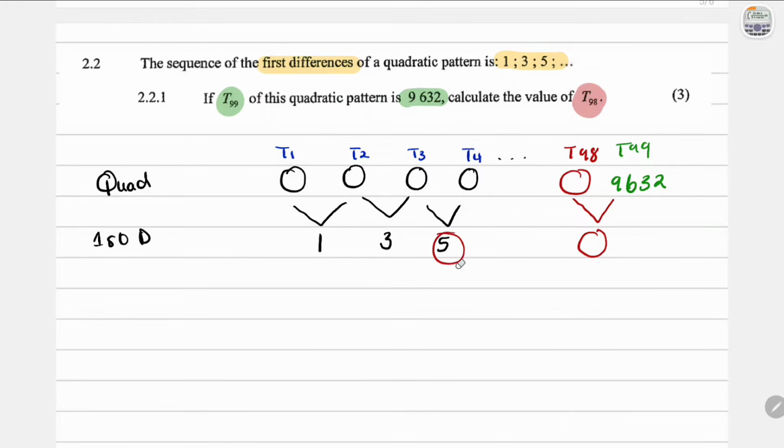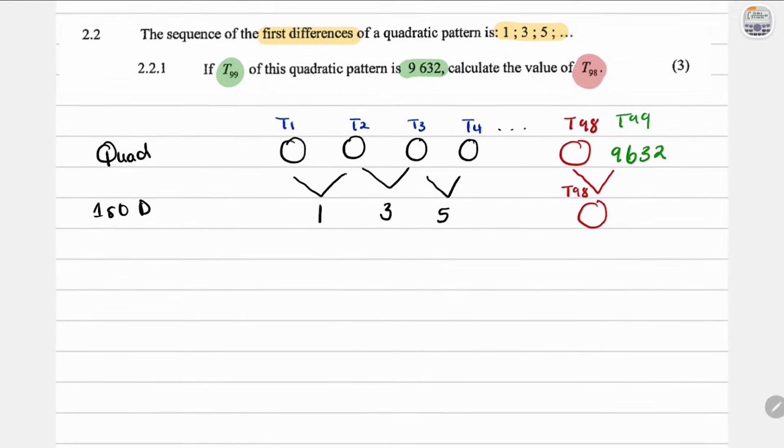Likewise with this 5. 5 is the third term in your first difference. It lies between the third and the fourth term in your quadratic pattern. So if this lies between term 98 and 99, then that means that this is term 98 of your first difference. Okay, so here now we know.